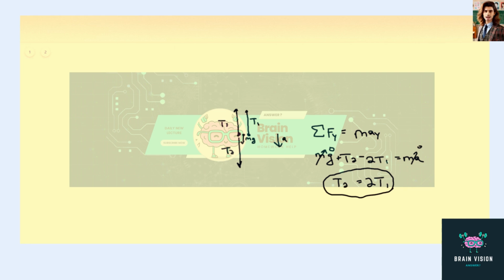The other equation will come in the form of the accelerations being related. We know the accelerations of the two blocks must be related because they move in unison, but they don't move exactly together.